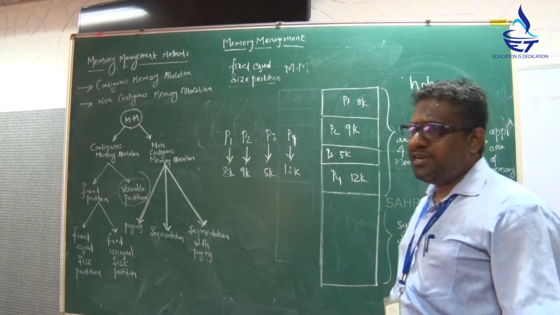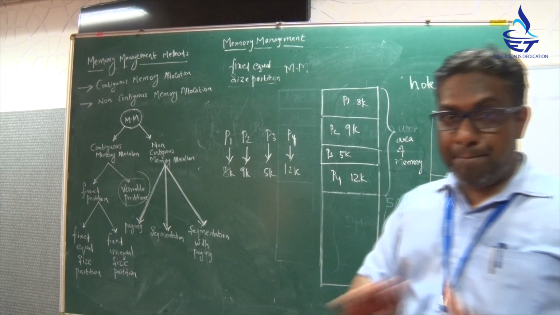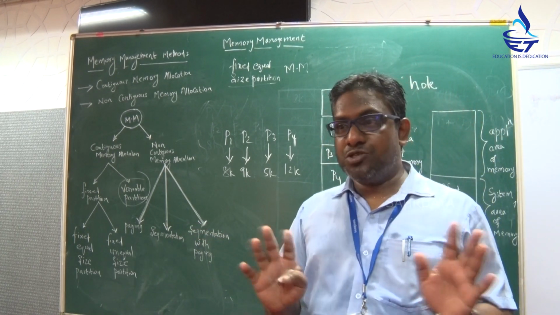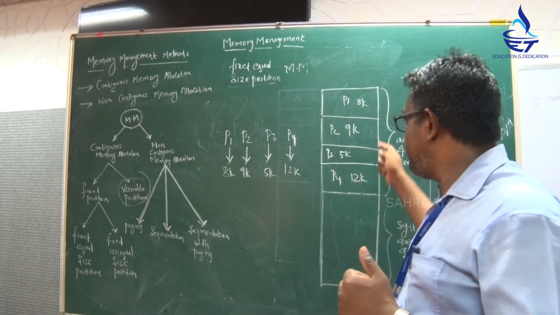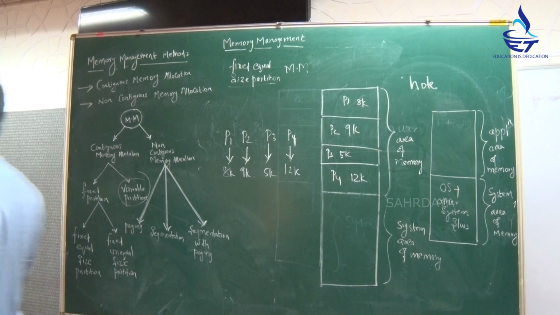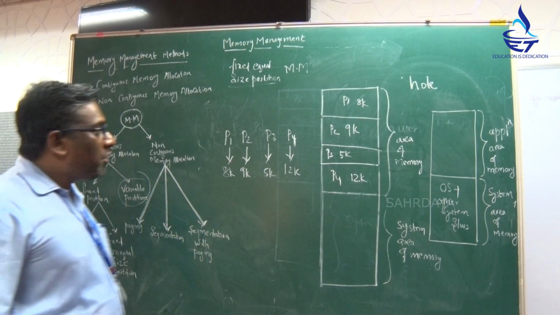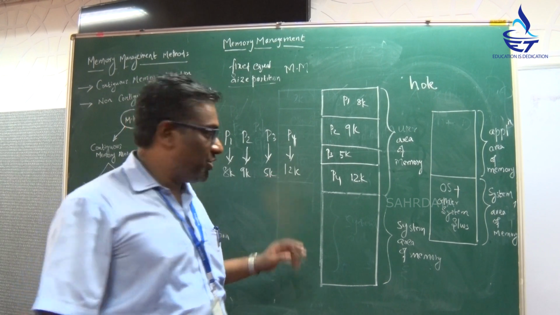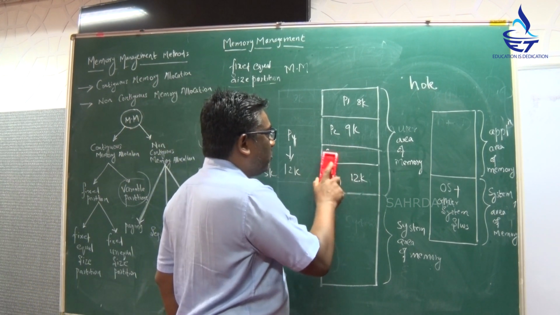So we can avoid internal fragmentation completely using variable partition. But imagine, is it possible to eliminate the external fragmentation here? We'll check that. Suppose P3 completed its execution.